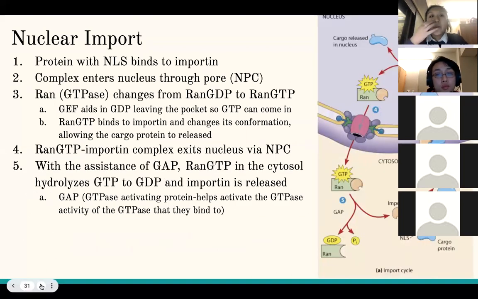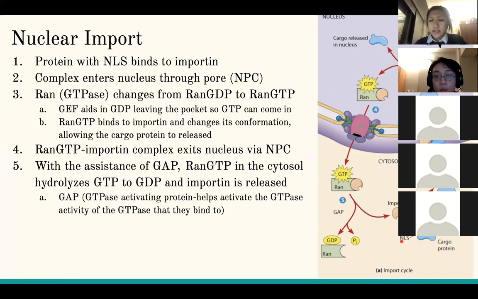All right. So nuclear import, this is a general overview of it. It's a cycle essentially, so that's why there's this loop. And it starts off with fully folded proteins, as Robert had said in the beginning. So for the nucleus, proteins are localized into the nucleus fully folded. And so what happens is you have a cargo protein, and it has a nuclear localization sequence.